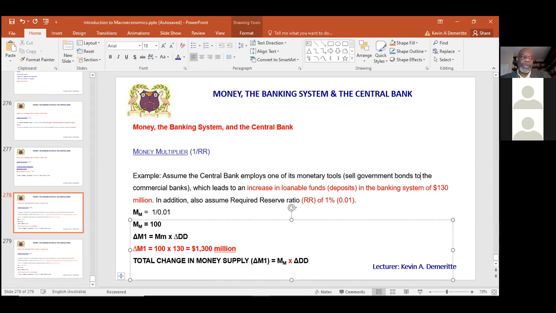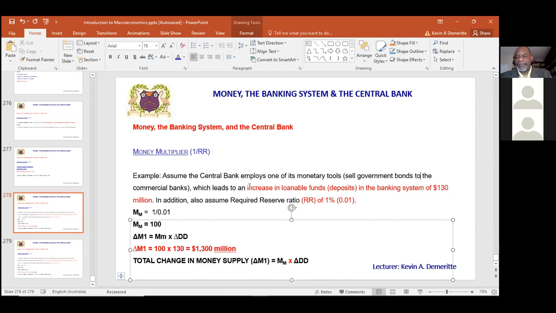If the central bank were to sell these bonds to the commercial banks, does that increase or reduce the amount of money that banks have available to lend out? Think about this now. If I were to sell you a car, do you now have more or less money in your bank account at the end of this transaction?